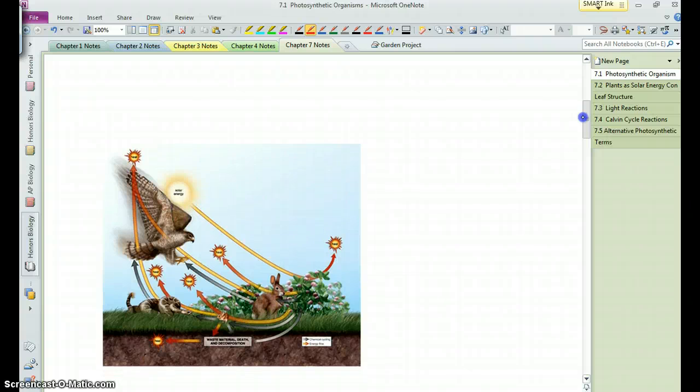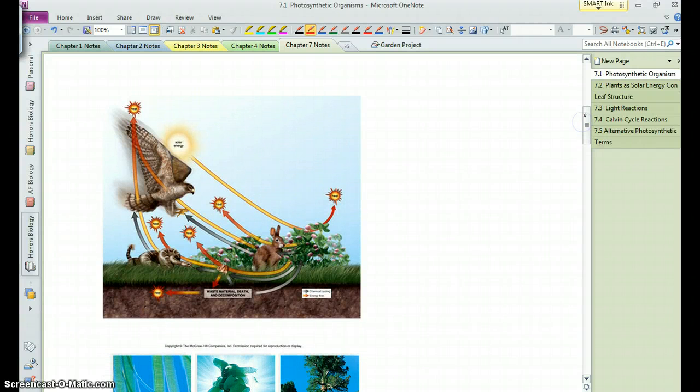So photosynthesis plays a very important role in natural systems in providing the energy for those organisms at the base of the food chain, the plants basically, who are known as the autotrophs, the organisms that make their own food.